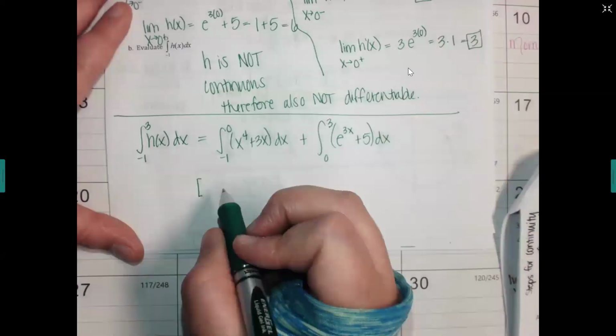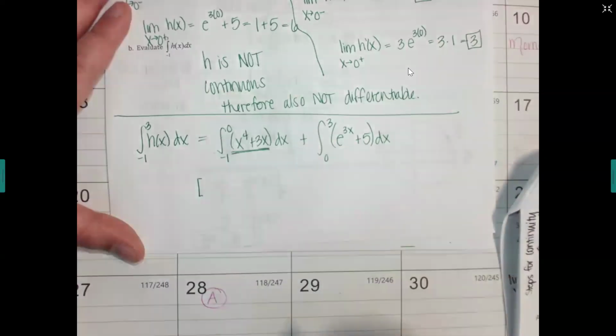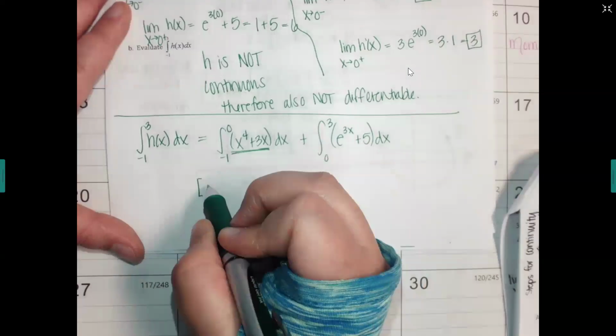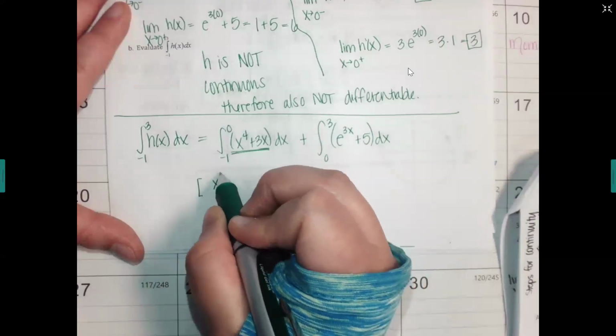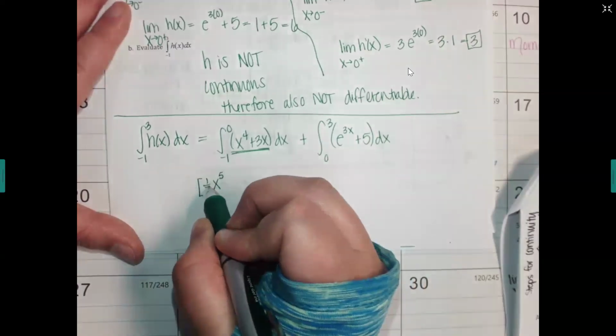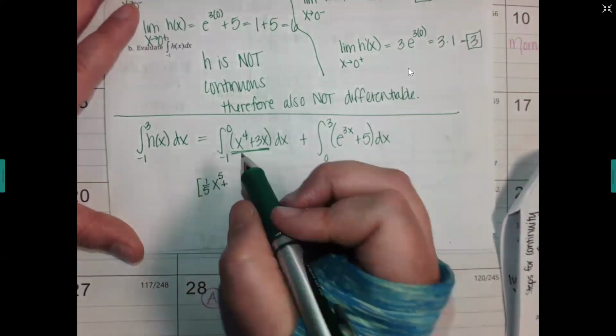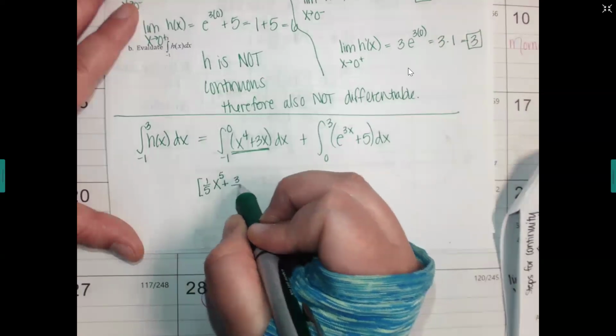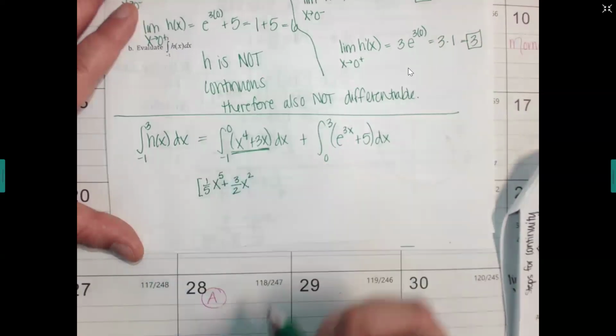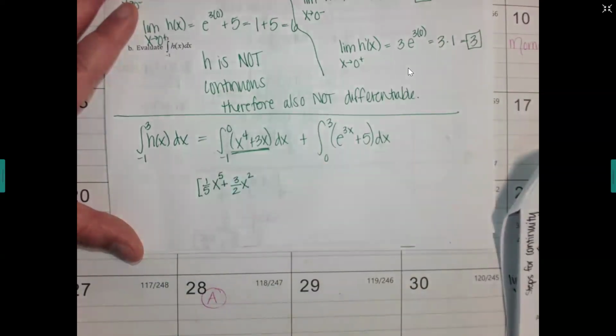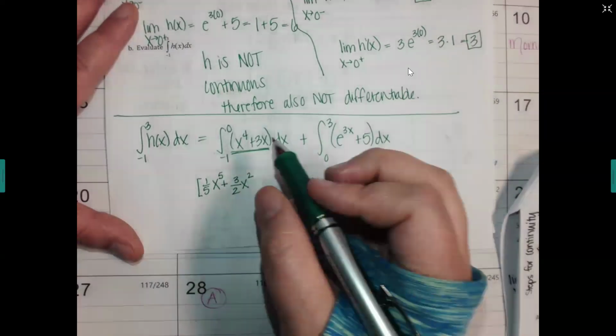Simple power rule on this. X would go to the 5, then a 1/5. What would happen to my 3x? 3x squared over 2. And then remember, you're just going to take your endpoints, plug them in, and subtract.